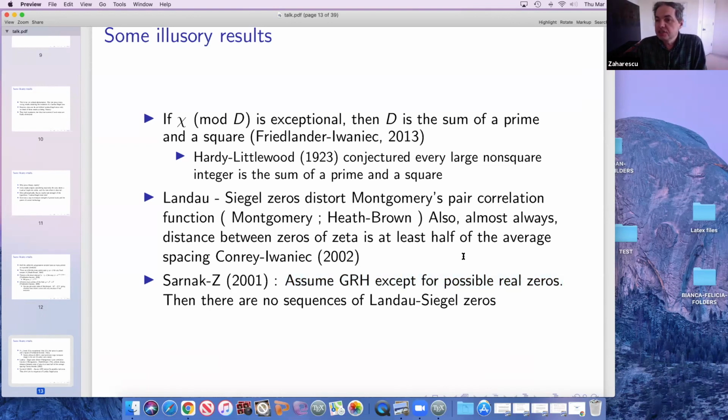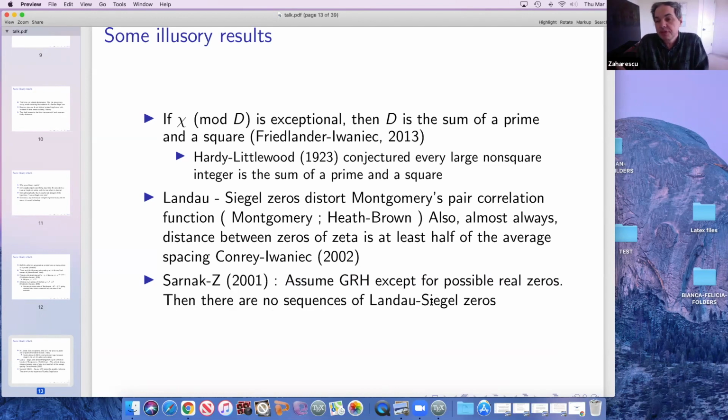Now, this is still interesting because if we excluded other types of zeros, then by definition we would not allow Landau-Siegel zeros, but we do allow them to exist by this assumption, because we allow any number of real zeros that we want, but not any other type of zero, not complex zeros. In this case, we show that there are no sequences of Landau-Siegel zeros.